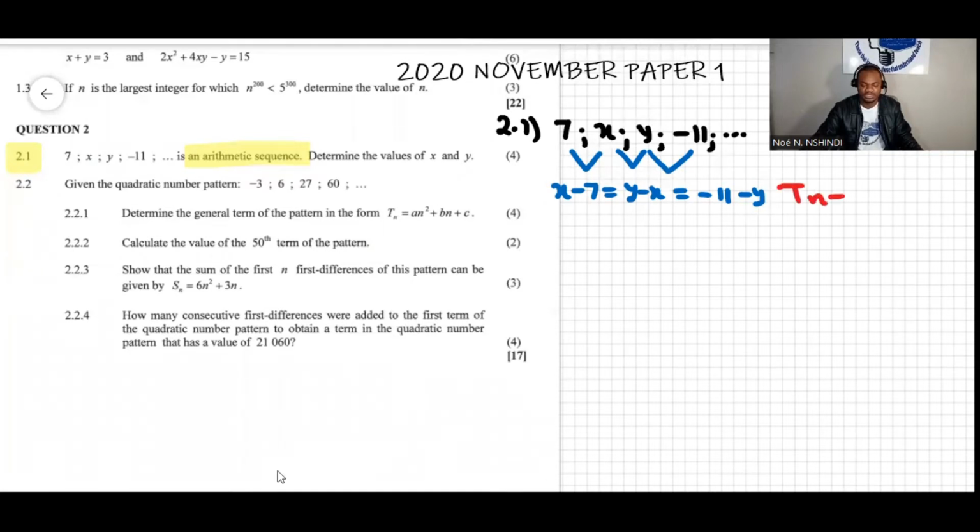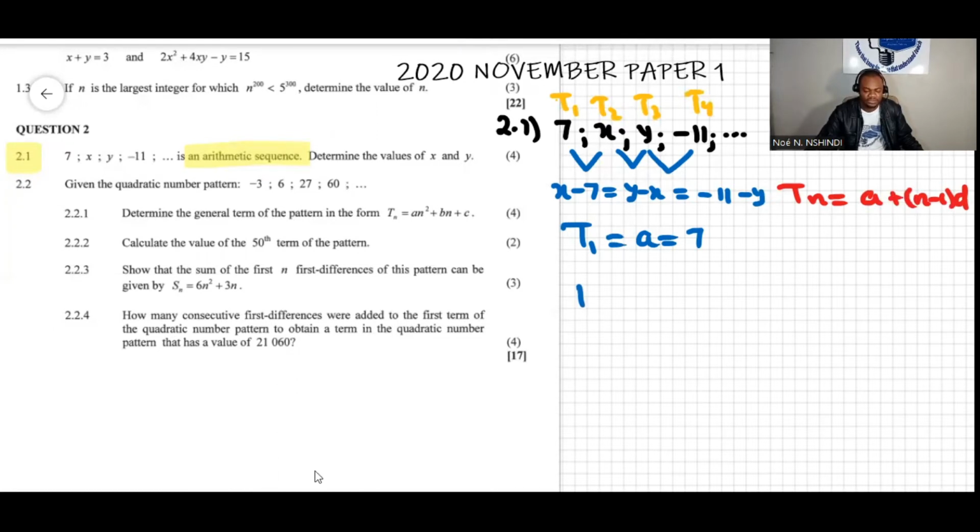Now let's see. We know that Tn is given by a plus n minus 1 times d. Okay, this is for an arithmetic sequence. The first term here is T1, which is a, and it is equal to 7. These are T1, T2, T3, and then T4.